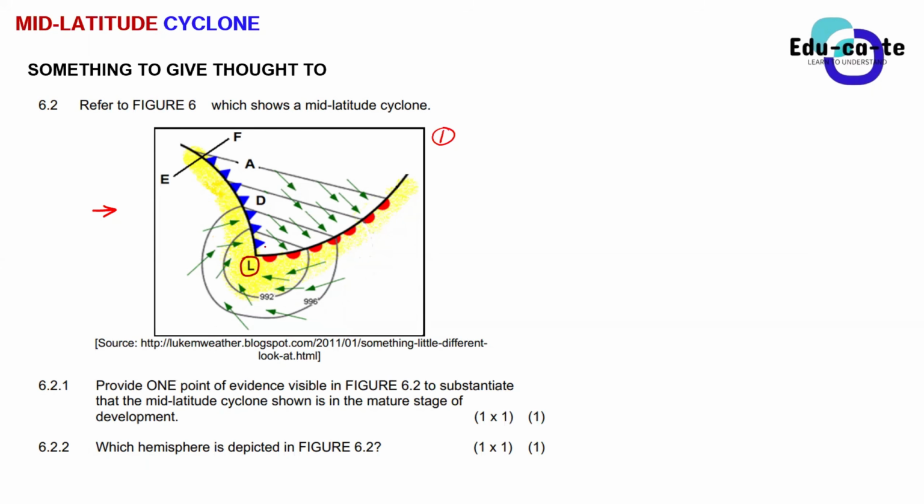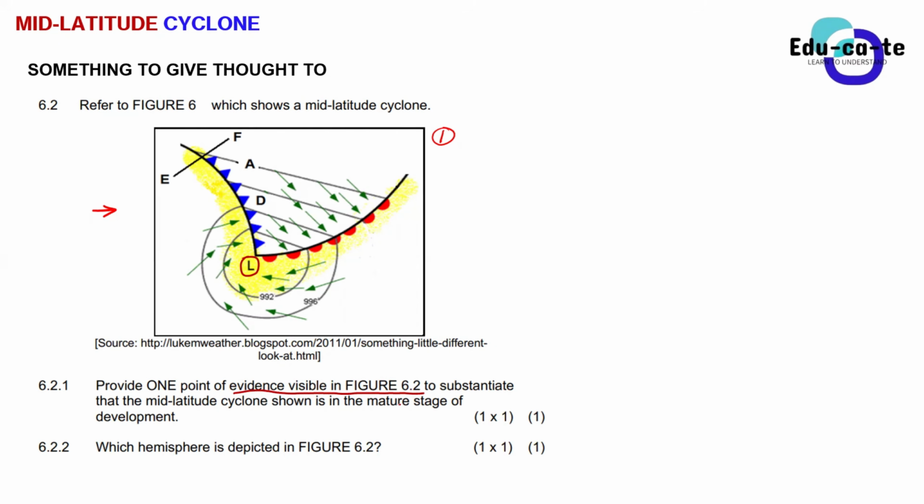Now 6.2.1 says provide one point of evidence. Guys, when we're talking about evidence, we are talking about something that is visible in the figure, something that you can see from the diagram. Evidence is not something that you know, guys. I know that you understand that in a mid-latitude cyclone there is warm air rising. There are many people who are writing that as evidence.